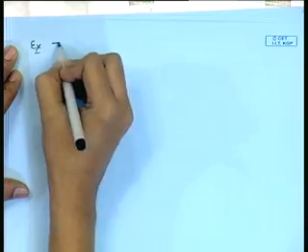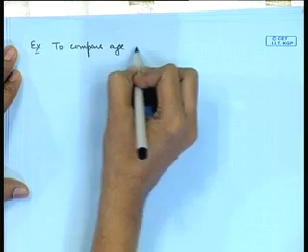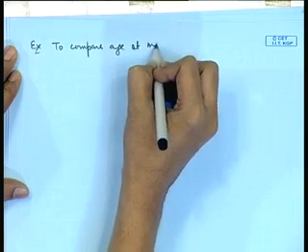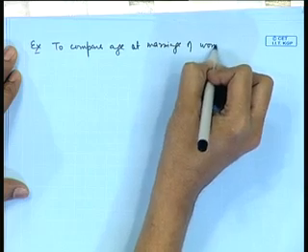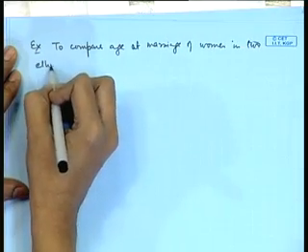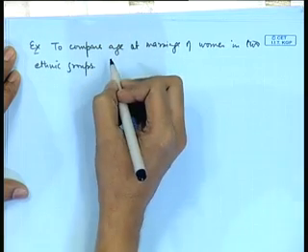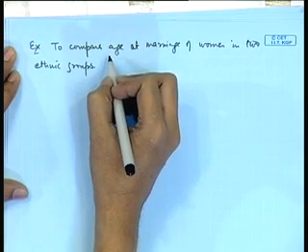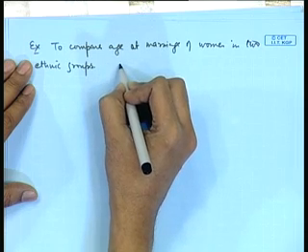Let me take another example here. To compare the age at marriage of women in two ethnic groups, a random sample of 100 women is taken.